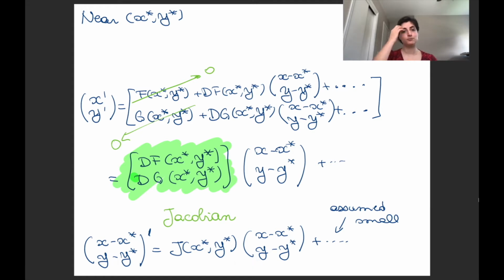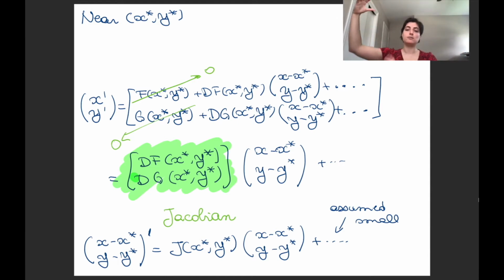But if we write this as a system, what we notice is that because we are next to the critical point, f at the critical point and g at the critical point are equal to 0. So now we're left with (x prime, y prime) being equal to Df multiplied by the vector (x minus x star, y minus y star), and in the second line, Dg (x star, y star) multiplied by the same vector.